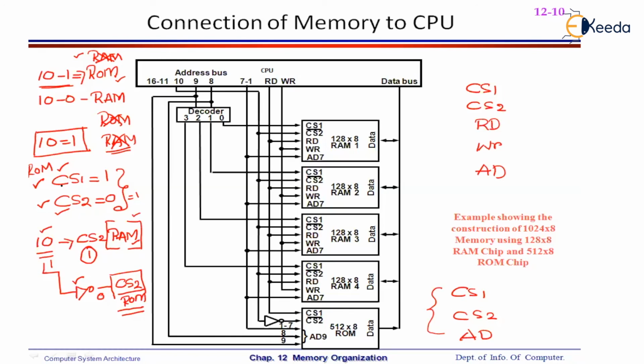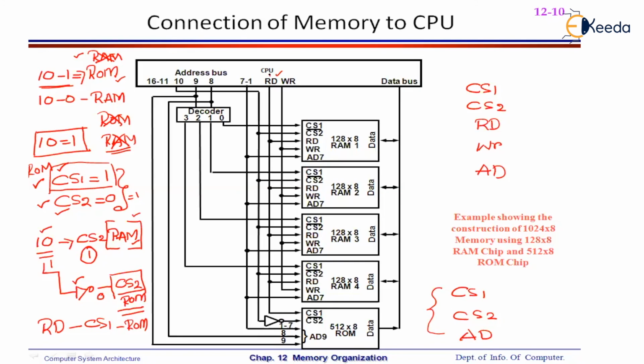And we need to ensure that the second selection rule, that is CS1 equal to 1, gets satisfied. We will achieve this by connecting the read pin to the CS1 of the ROM. Sorry, the read pin must get connected to CS1 of ROM, because whenever ROM gets selected, the only operation that is going to be performed is read.